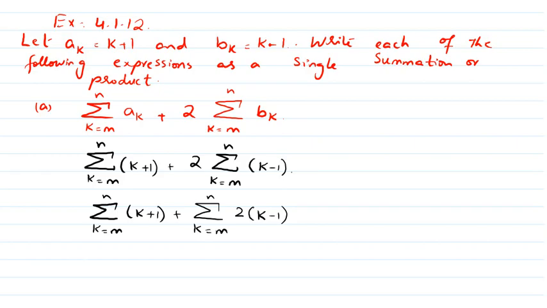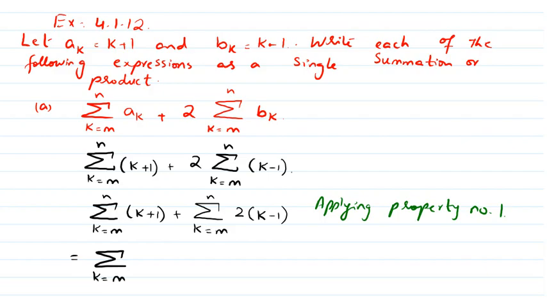Now applying the first property, let me write it here. Applying property number 1, right? So this is in fact equivalent to a single summation, that is from M till N.